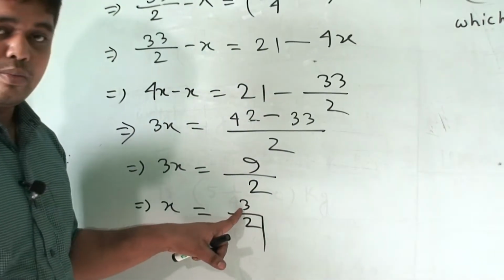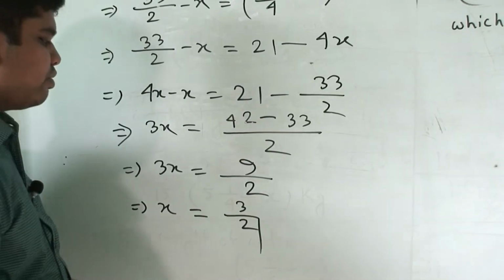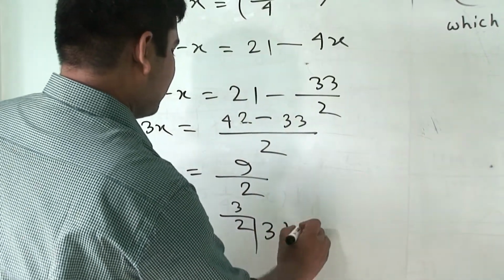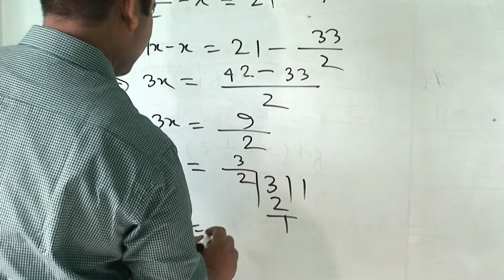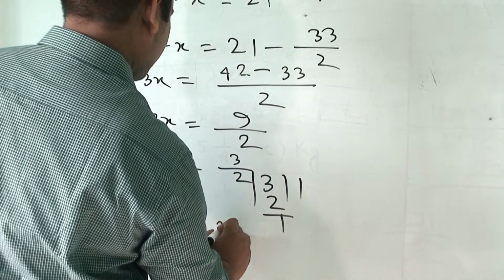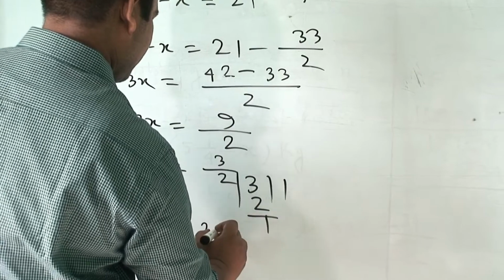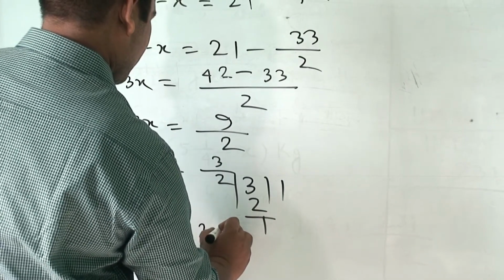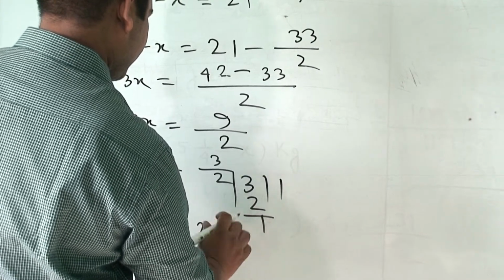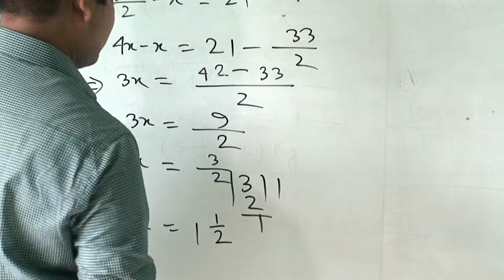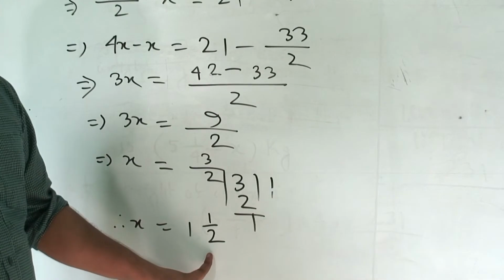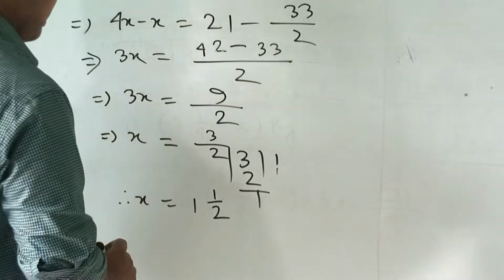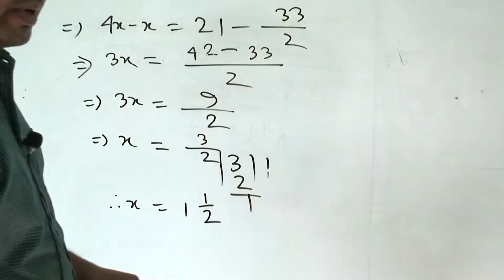It is an improper fraction and I convert it into a mixed fraction. 2 1s are 2, 1. That means x equal to 1 into 1 by 2. And this is the weight of the empty bucket.